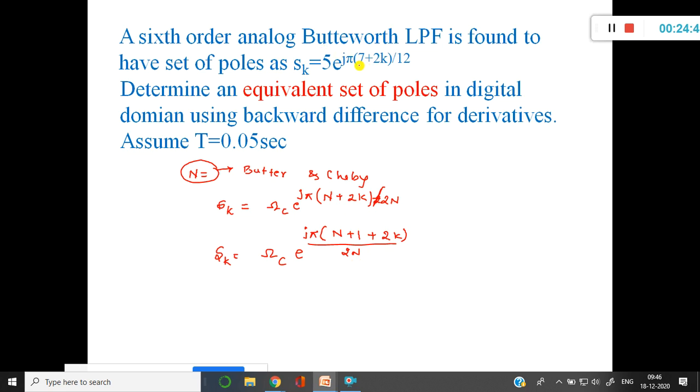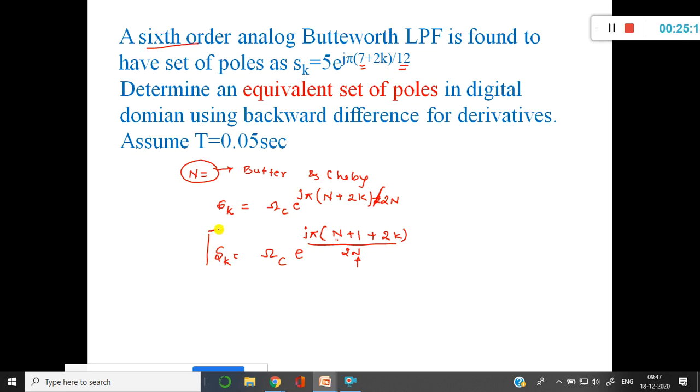Now here, it is the sixth order, which means n equals 6. If you put 2 into 6, we get the denominator 12 here. And n plus 1, 6 plus 1, 7, plus 2k. So this is the same equation that they have given here.